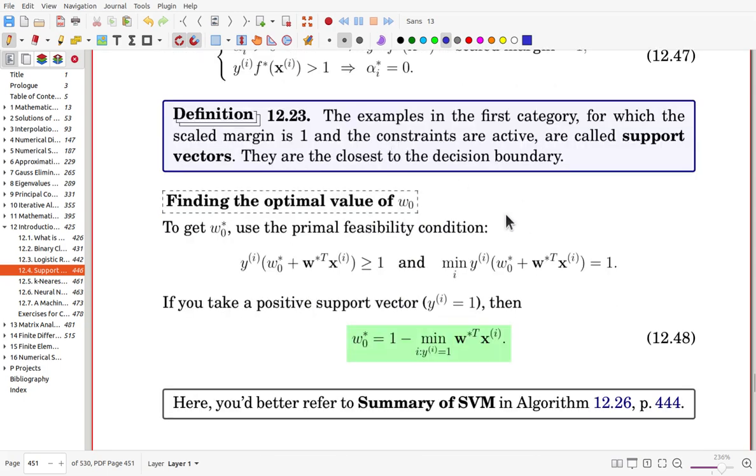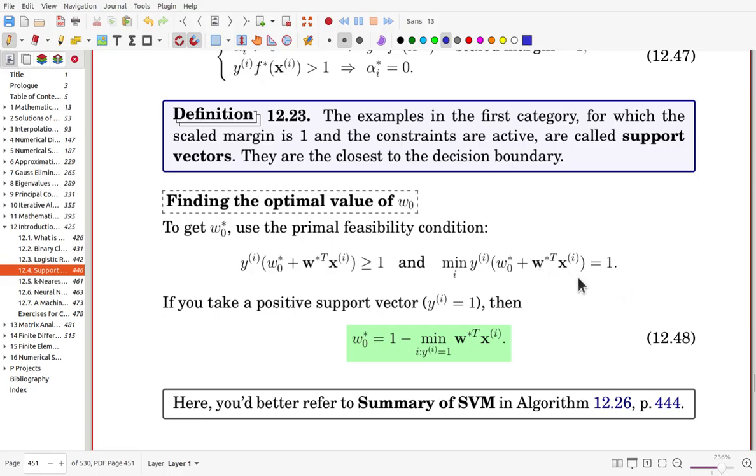Now we'll use this equation to find W0 star. Okay, so here, to get W0 at its optimal value, use the primal feasibility condition in that one, so that the minimum of that will be 1. So we multiply and move this one to the other side.